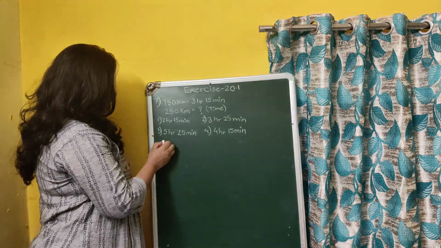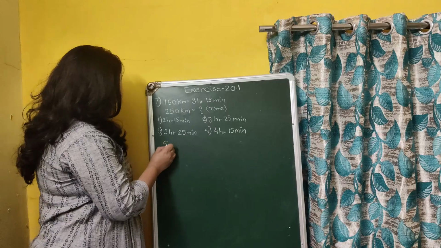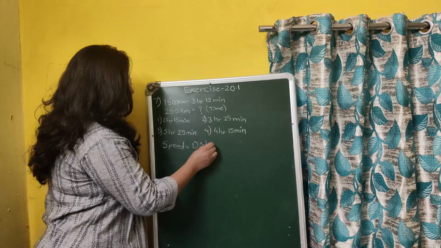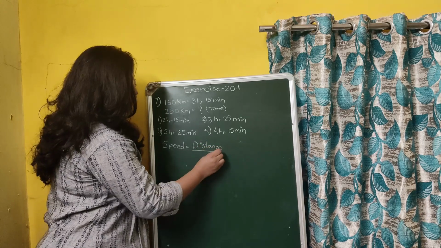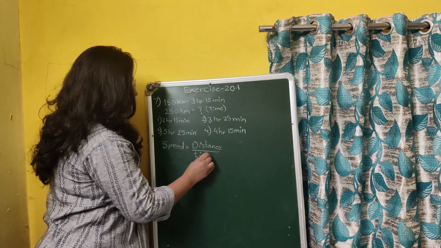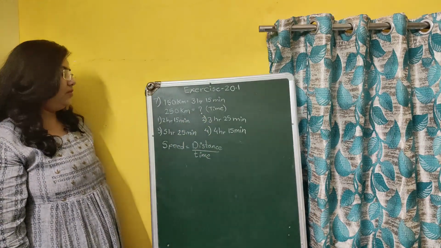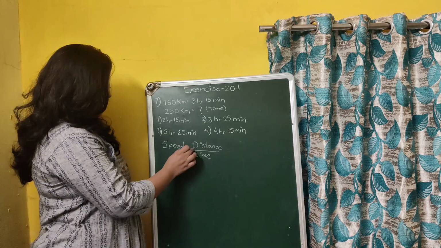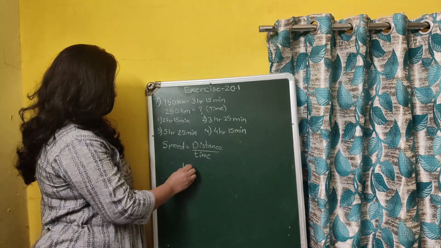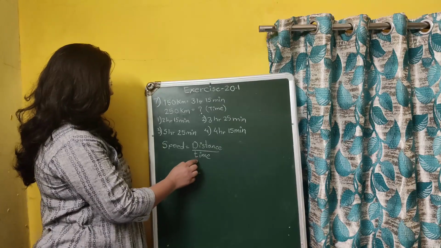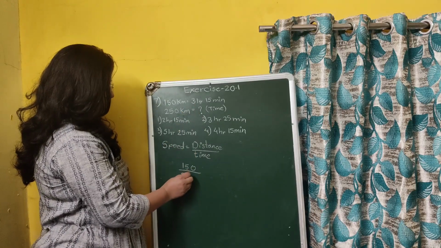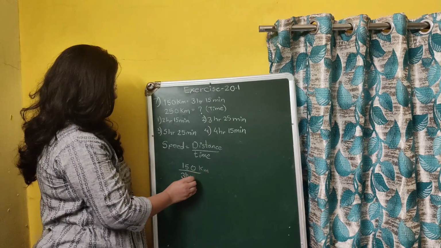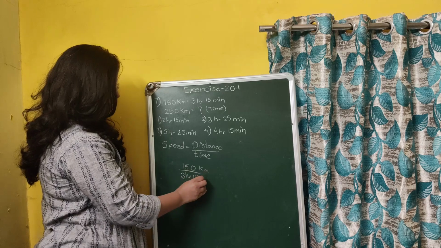Now, first understand, the formula for speed is distance upon time. So what is the distance? 150 kilometers, and time कितना है? 3 hours and 15 minutes.